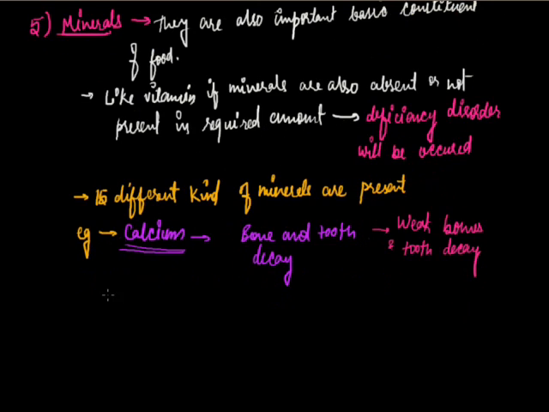Next mineral is iodine. Again a very important mineral required by the body, and in the absence of iodine a deficiency disease occurs called goiter.